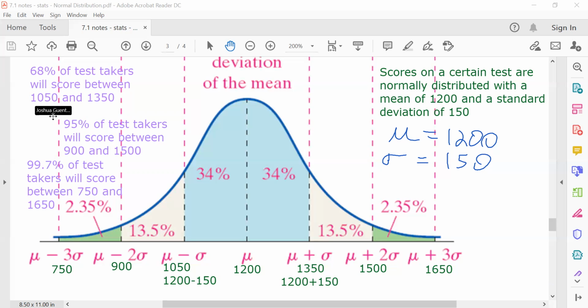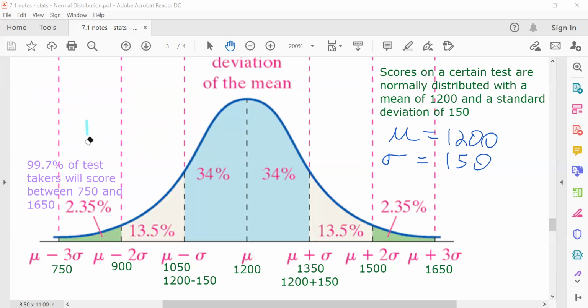Well, this creates some interesting things here. Looking at this chart, we can also say, oh, wait a minute. What if I wanted to know the probability that they score within 2 and 3 standard deviations above the mean? In other words, what if I wanted to know the probability? I'm going to erase this. So we got a lot going on this screen.